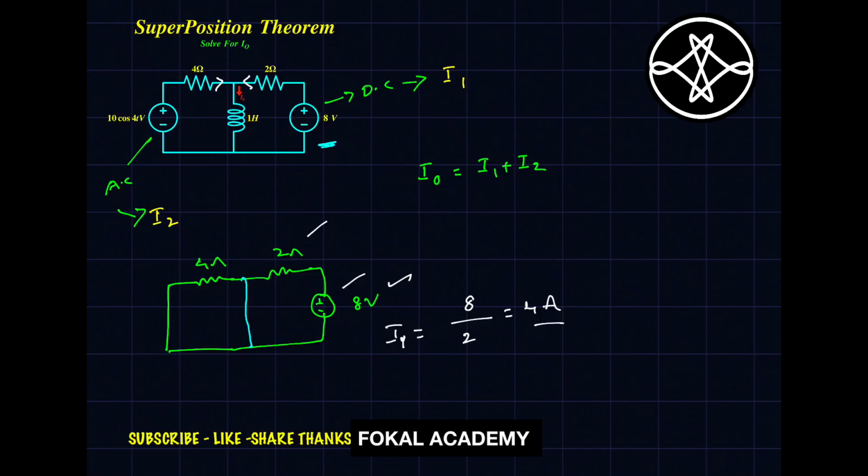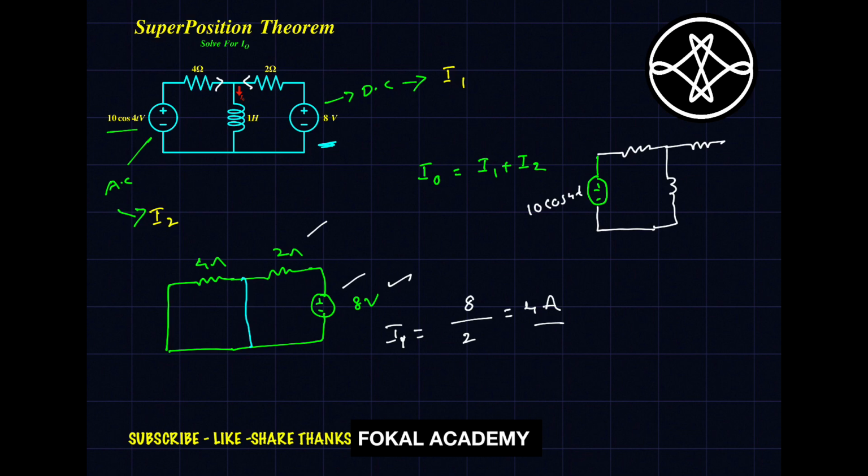Next we want to find current I2, which is contributed by this voltage source. Let's redraw our circuit. This voltage source is 10 cos 4t, with a resistor, an inductor, and another resistor.